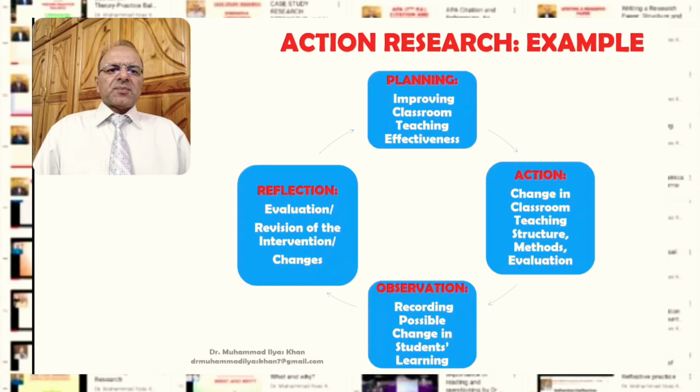This is then followed by observation, which is recording possible change in students' learning, because the aim basically is improving teaching effectiveness, and a reflection of teaching effectiveness is actually in students through students' learning.